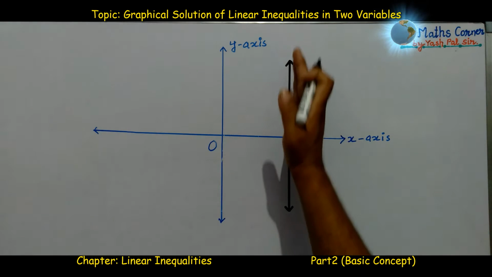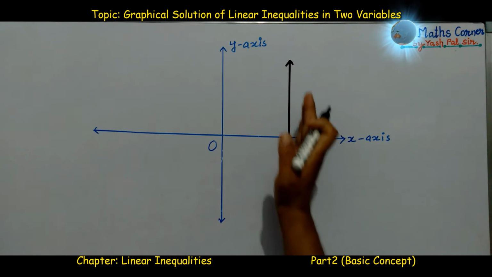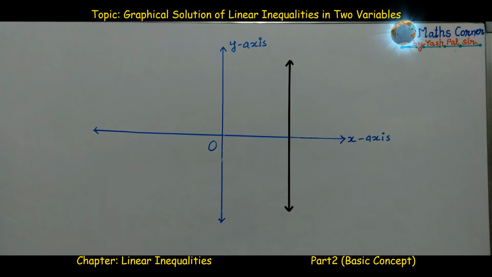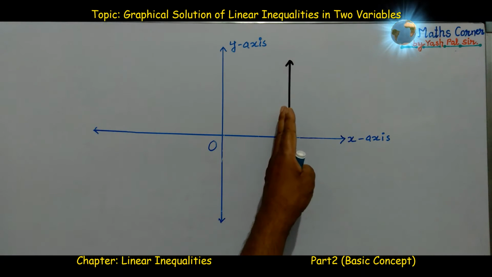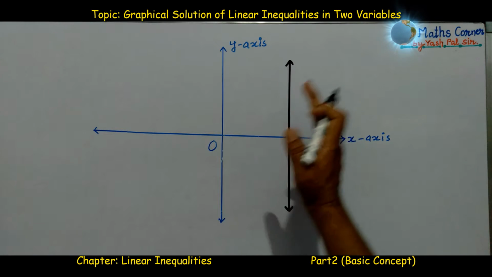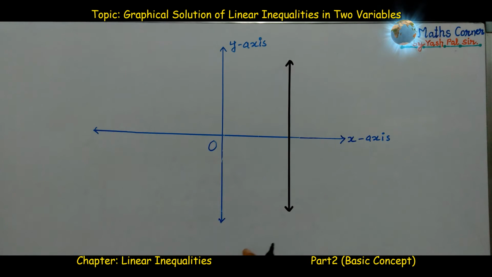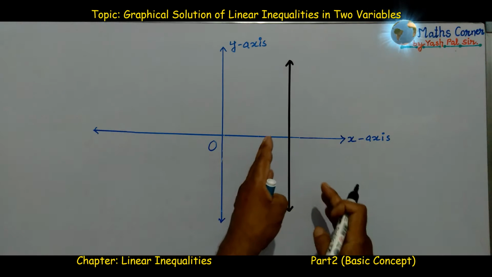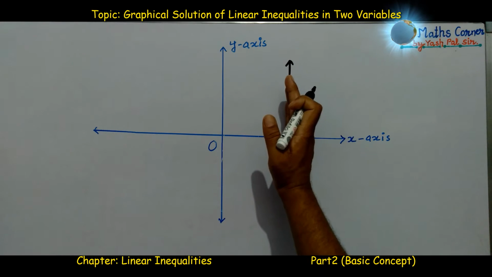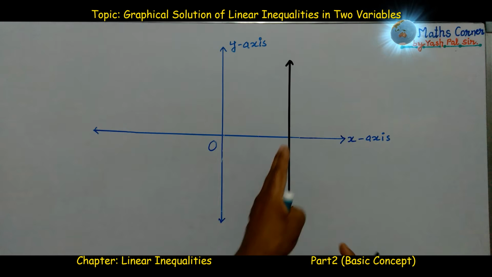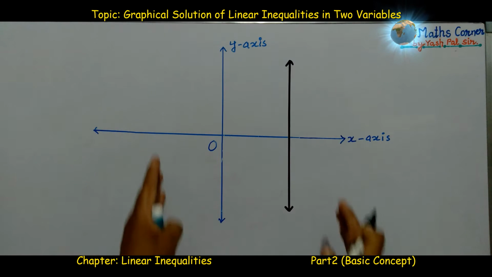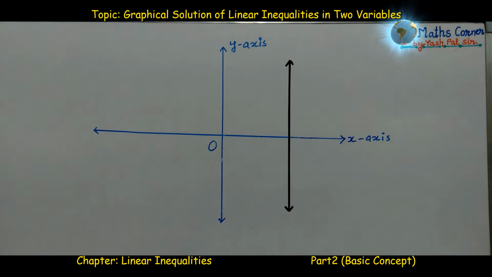This line is dividing the whole coordinate plane into two parts, one part left side, another part right side. If this line is parallel to the y-axis, then one part divided by this line is at the left side, and the second part is the right side.